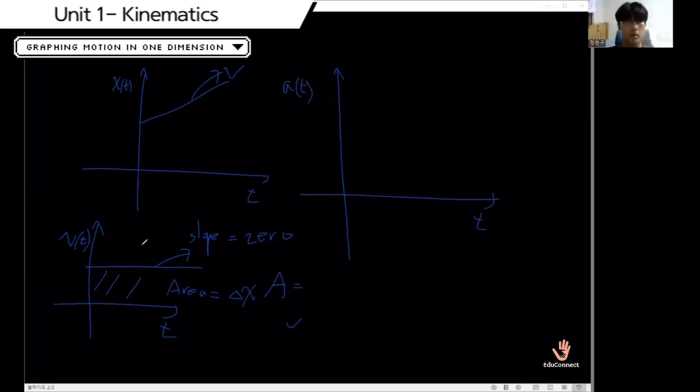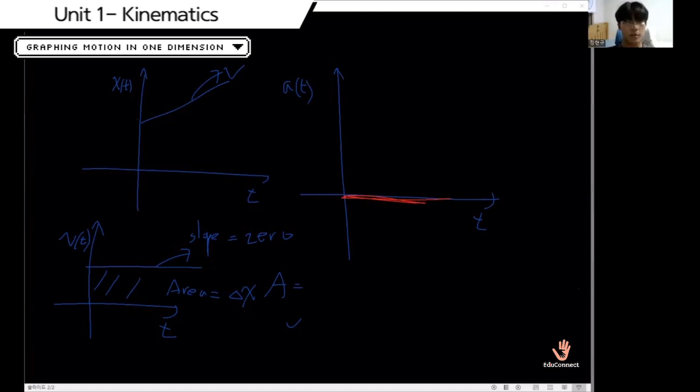Well, the slope was 0, therefore our acceleration is also 0. Once again, we have a flat line emanating from the origin over the given time interval.